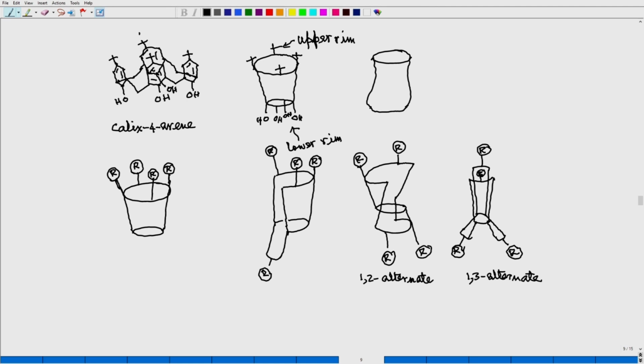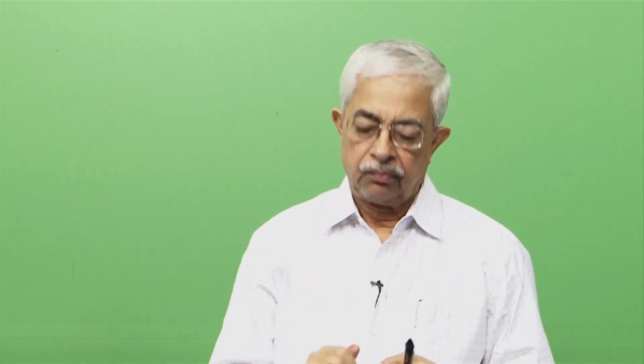Okay? And in this case, only one of them gets inverted, and finally, the original one, all 4 are uninverted. So, this kind of movement of these aromatic groups, up and down, can take place at room temperature very readily.